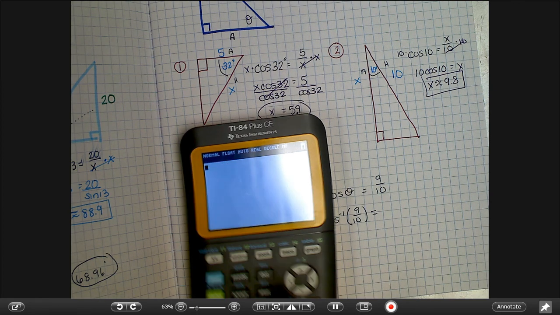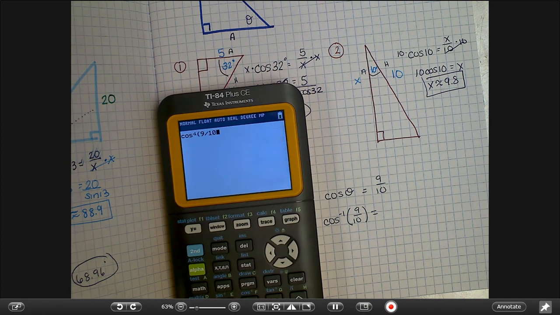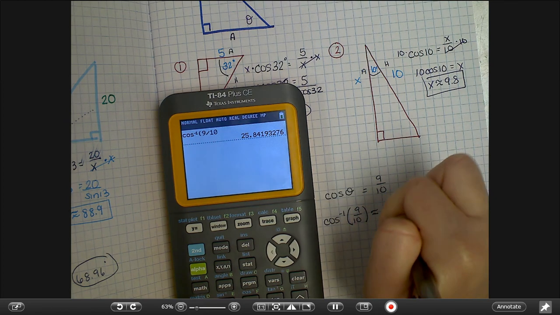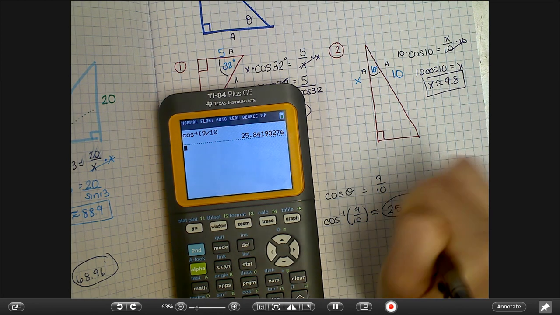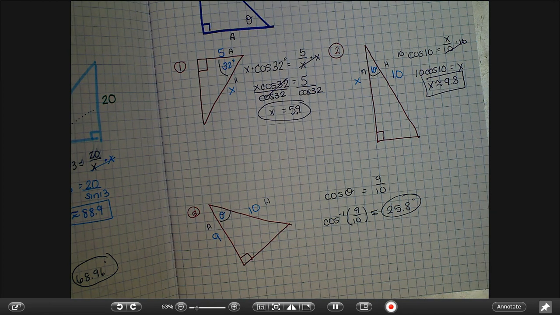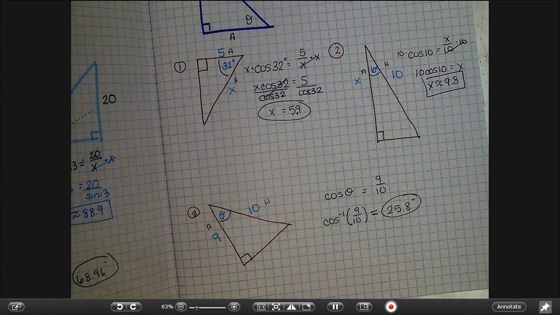And then we just type into the calculator inverse cosine, 9 divided by 10. And it just tells us that the angle is approximately 25.8 degrees. So same basic topic, same basic concept for all of these. It's just the relationship that changes.